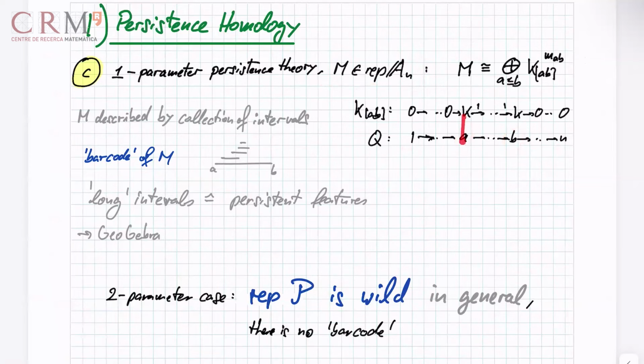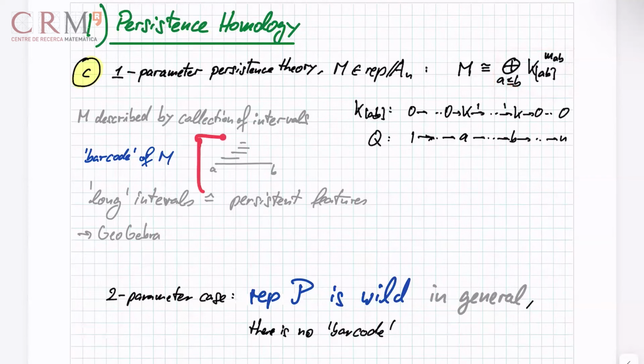And over that interval, I put one-dimensional vector spaces, k, and 0 outside. This is what they call an interval module, k_[a,b]. M will decompose as a representation into a direct sum of those. And then the indecomposable decomposition completely determines the module. So the only thing I need to know about M is the collection of those intervals.